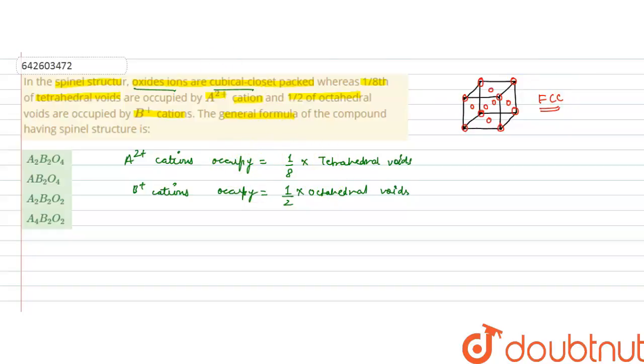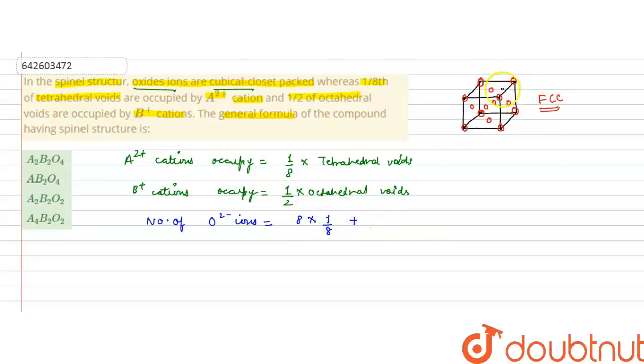So we can write the number of total oxide ions would be the total number of corner atoms and total number of the face center atoms. Now as we can see, there are total 8 corner atoms and contribution of one corner atom to one unit cell is 1 by 8 because it will be shared by 7 other unit cells also present on all sides. So its contribution to one unit cell is 1 by 8.